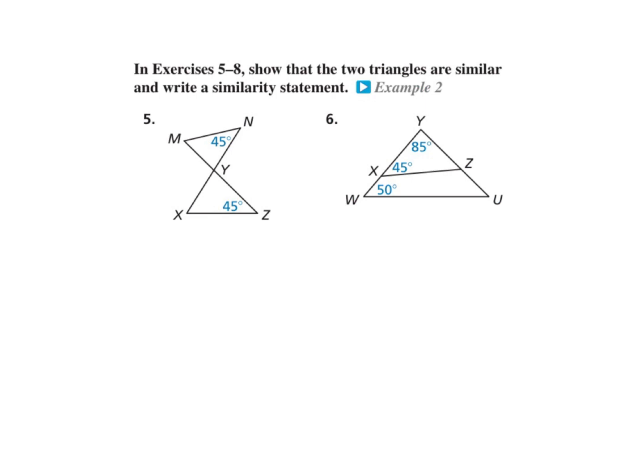Show that the two triangles are similar and write a similarity statement. Same type of thing. So we have angle MYN is congruent to angle XYZ, vertical angles. These two angles are the same. And we have these two angles that are the same. So angle N is congruent to angle Z, and that's a given.